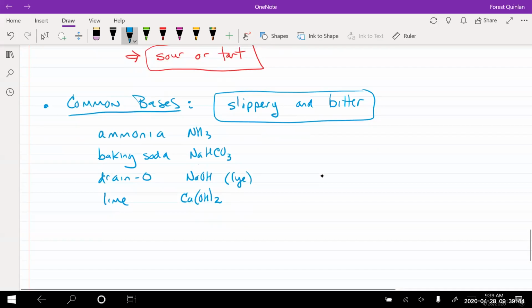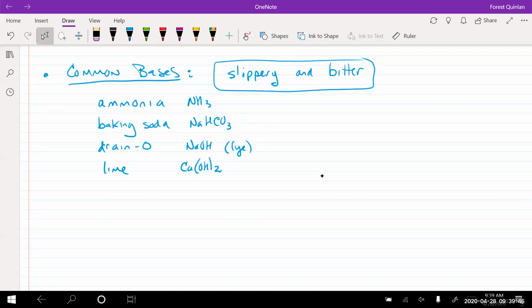Aside from these common bases that you and I would see on a regular basis, and even some of these, normally you wouldn't, unless you worked in concrete, you wouldn't even know about lime. You're not going to be able to find too many basic things that you want to talk about, and mostly because human beings don't like bases. Bases happen to be one of Mother Nature's defense mechanisms because bases love to eat organic material.